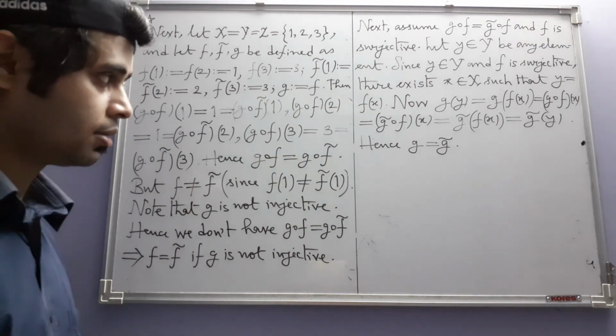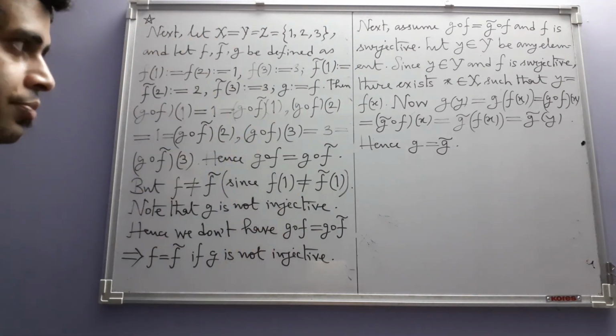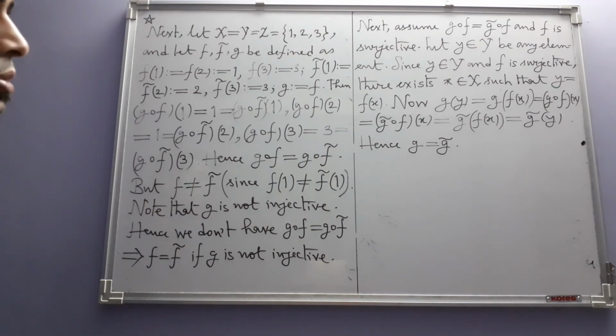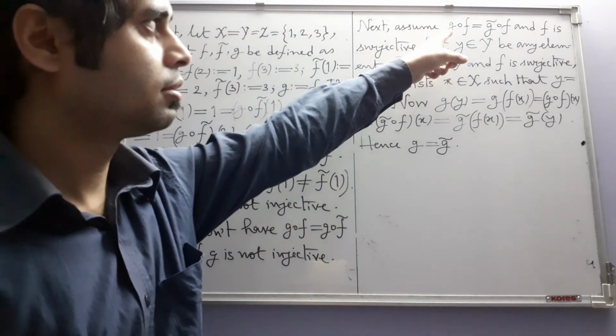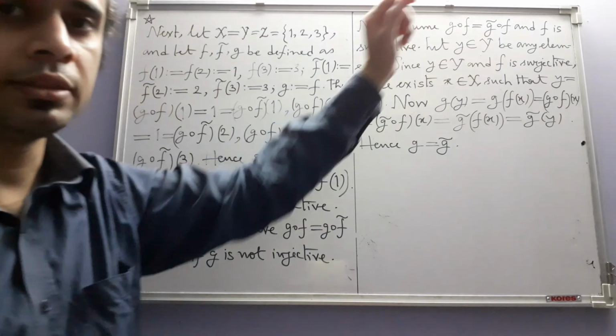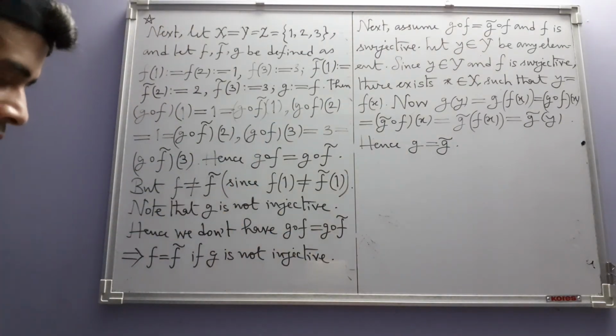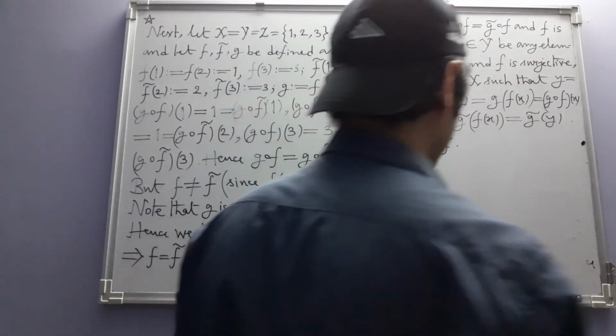So now, just like the previous one, we have to deal with the case where F is not surjective. Then things can go wrong. So here also we have one example.